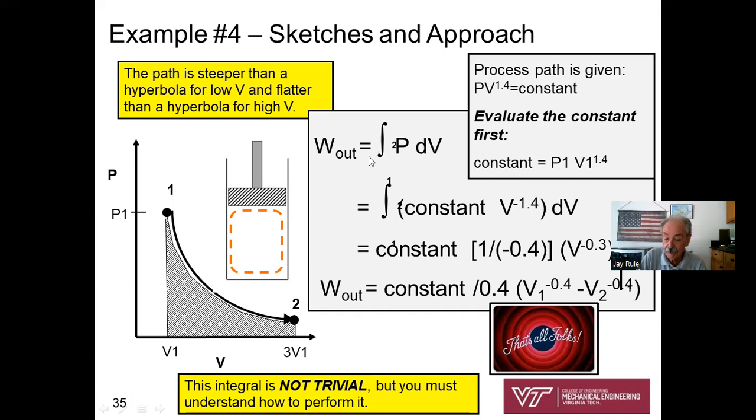Work is the integral of P dV. I need pressure as a function of volume. So here's what's given: P is equal to a constant times V to the minus 1.4. I've got to do the integral. It's a tougher integral, tougher to evaluate.